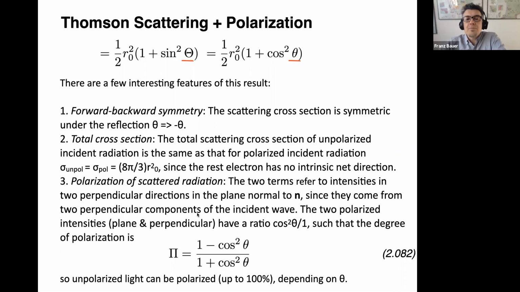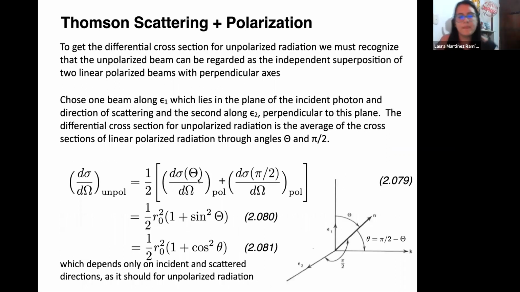Well, so basically what we're saying is we end up having light which comes in and it's scattered out in some direction. And depending on this direction, you will have a strong degree of polarization or not. So there are only certain polarizations which will be scattered in this direction.